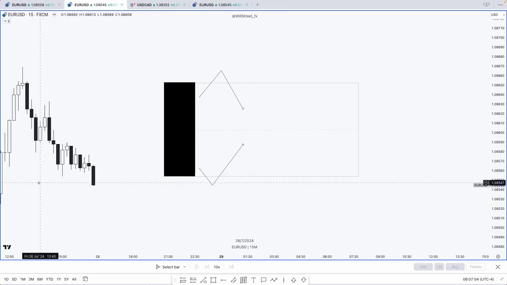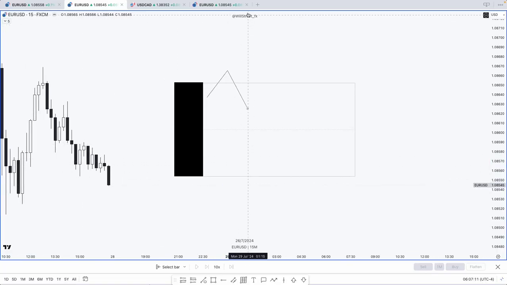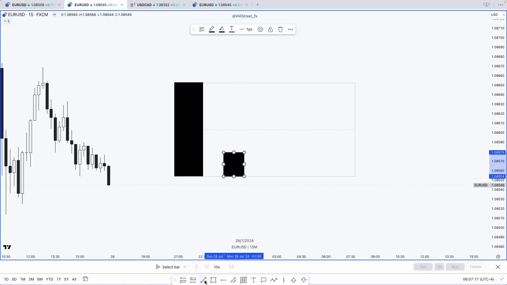Okay, so let's start with the setups. Okay, first one, the most simple one. So this is the basic.